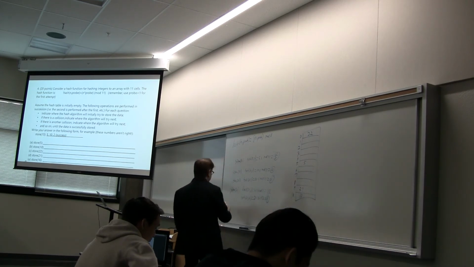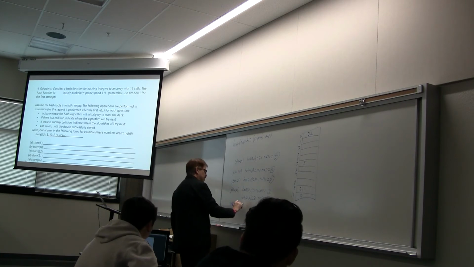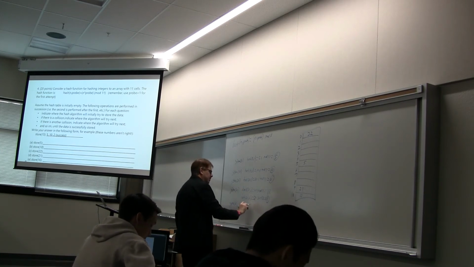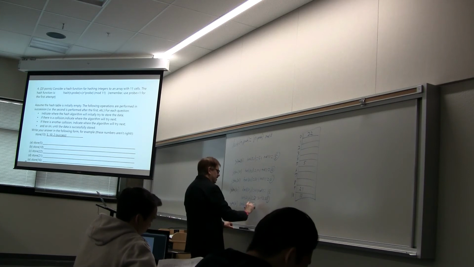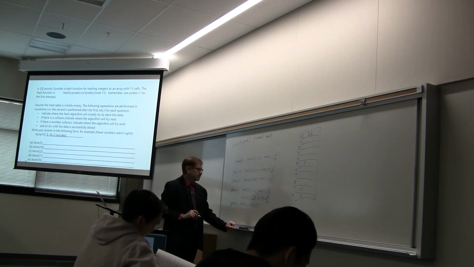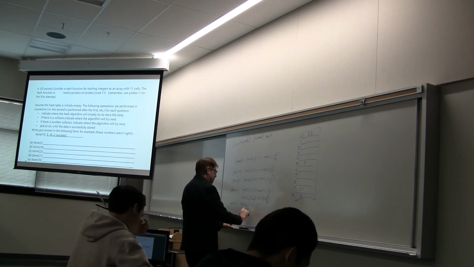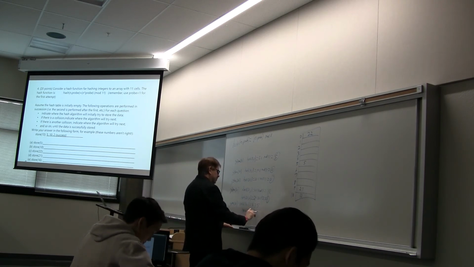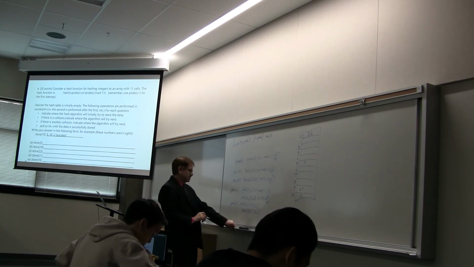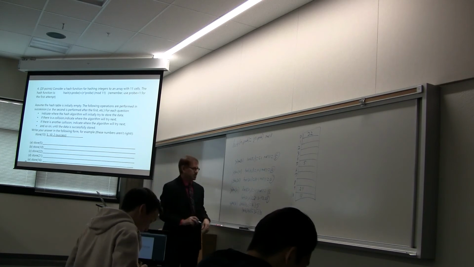And then we try to store 16. So hash of 16 comma 1 is 16 mod 11, which is congruent to 5, and that's a collision. Hash 16 comma 2 is 32, and that's congruent to 10, and that's also a collision.